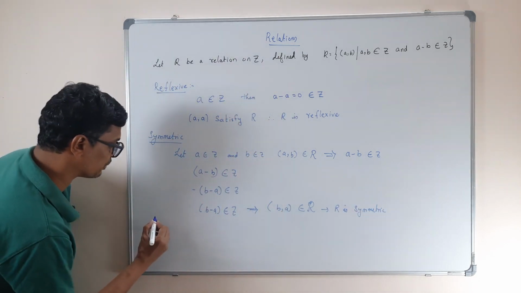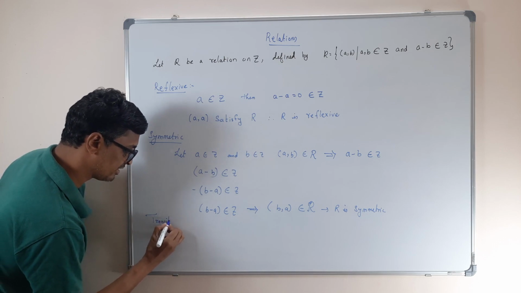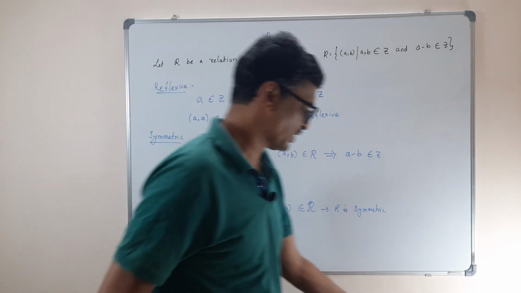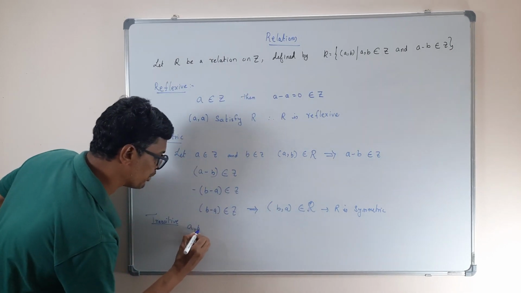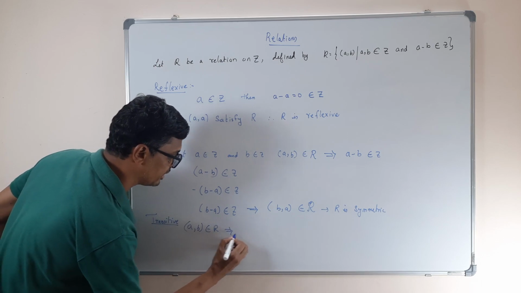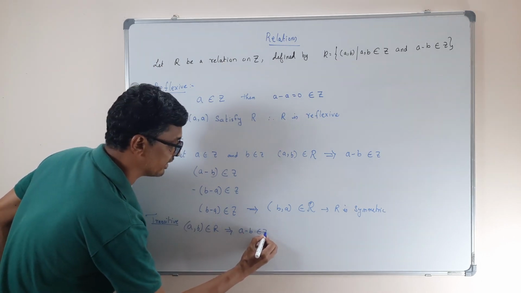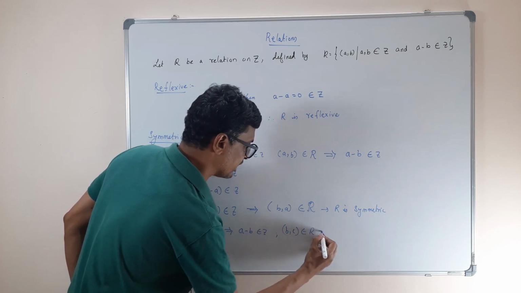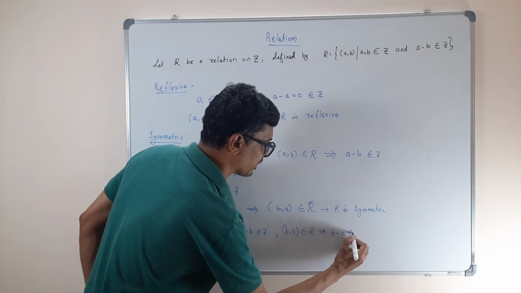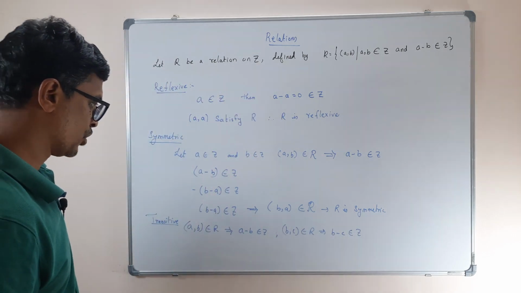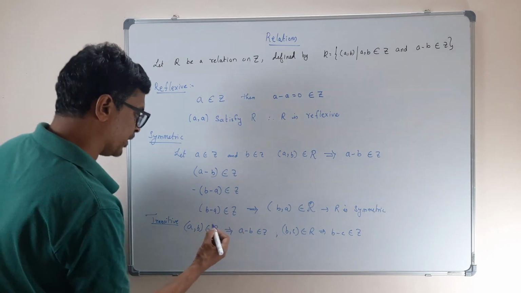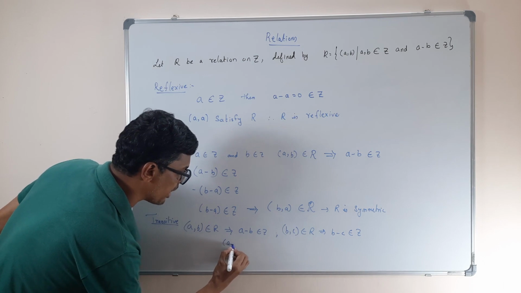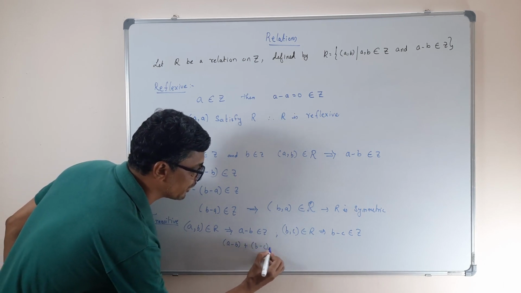Correct? And now come to the third one. What is that? Transitive. Take (a, b) and (b, c). Here (a, b) is an element of R, that means a minus b is an element of Z. And we have another one, (b, c) is an element of R, that means b minus c is an element of Z. So now you tell me: a minus b is an element of Z and b minus c is also an element of Z. So will a minus b plus b minus c be an element of Z?